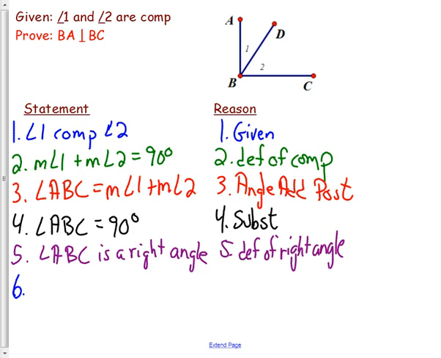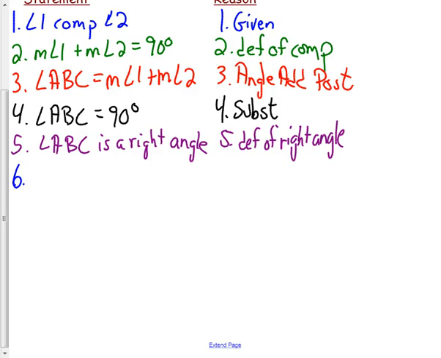Our definition of perpendicular is that they intersect at a right angle. So we will say that BA is perpendicular to BC by the definition of perpendicular. If we have a right angle and they intersect at a right angle, obviously they're perpendicular by its definition.